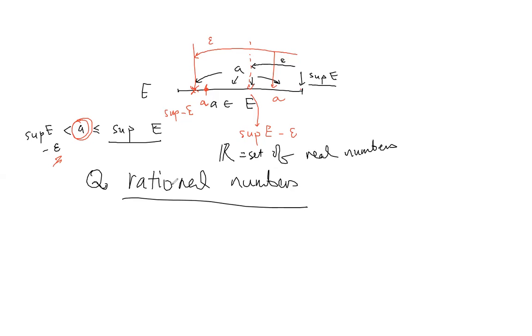So Q will denote the set of rational numbers. So what are rational numbers? Anyone want to just shout out? It's when you can divide two integers, like a decimal.